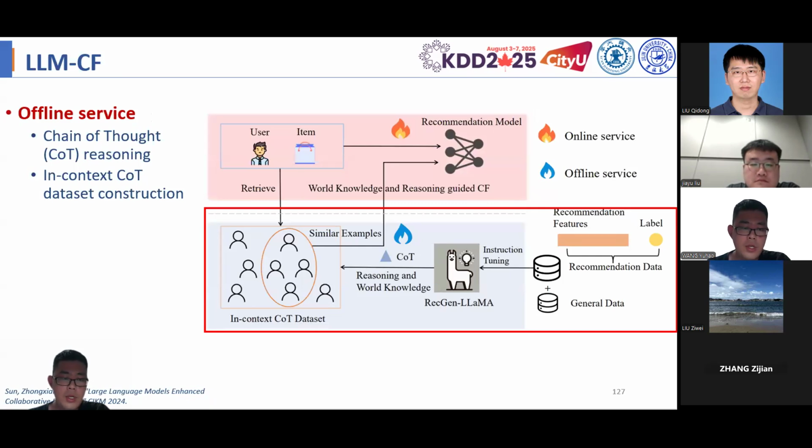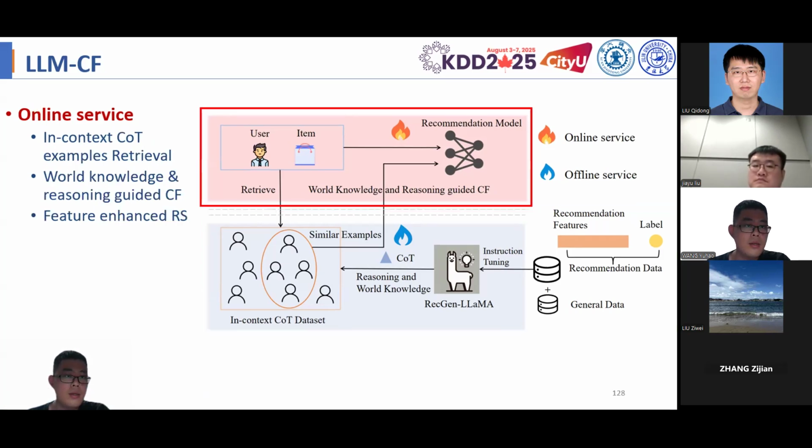Afterward, some methods like LLM-CF adopt advanced techniques like chain of thought, namely the CoT, to generate better user embeddings. The overall idea is that, first of all, for the offline service, they fine-tune the LLM to enhance its recommendation capabilities, generate the CoT reasoning with collaborative filtering information, and construct an in-context CoT dataset.